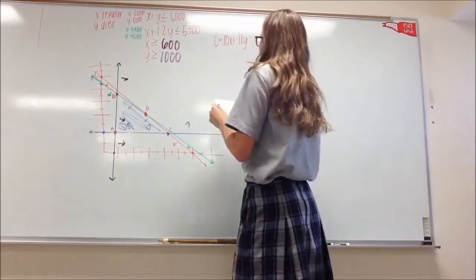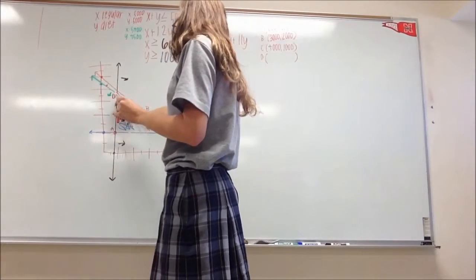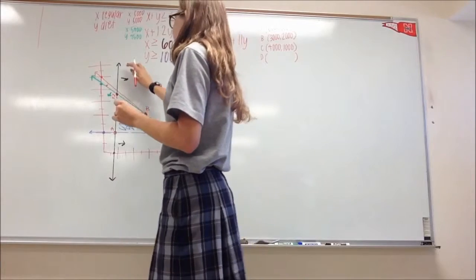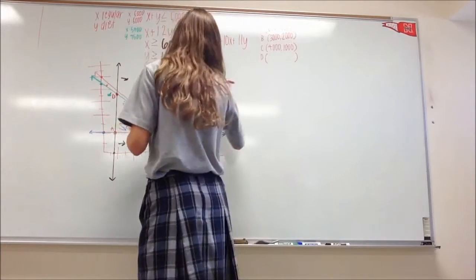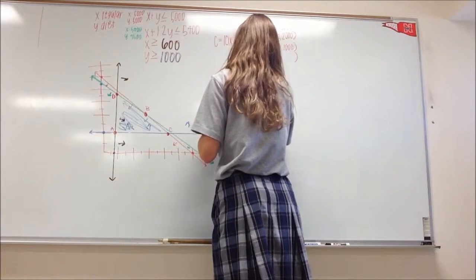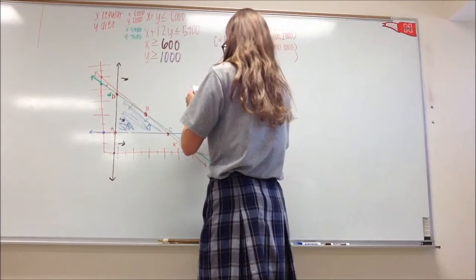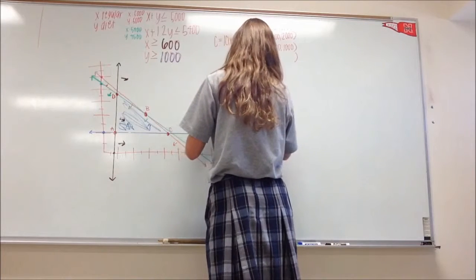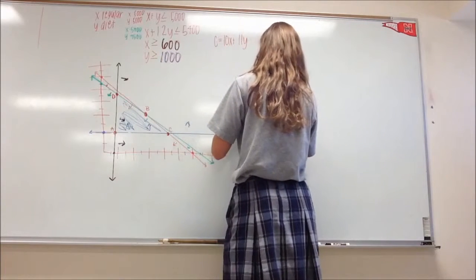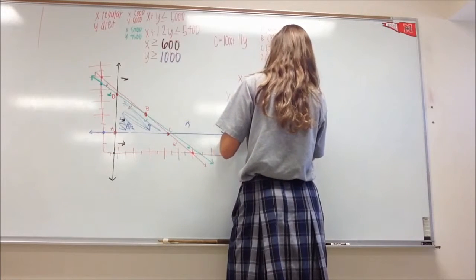Okay, so now we need to find D. So D is the green line and the brown line. And so that's x equals 600 and x plus 1.2y equals 5,400.